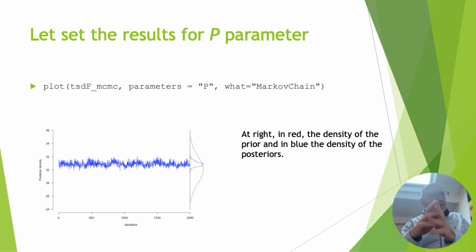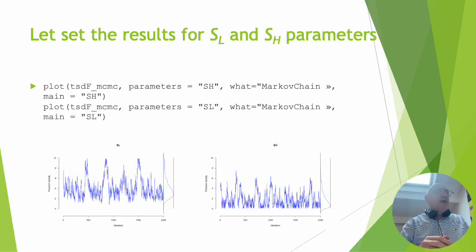In red, at the right, you have the prior distribution. You see our prior with normal distribution with a Gaussian value with mean equal 30 and 2 for standard deviation. So the blue distribution gives you the posterior distribution of the P parameter. We can do the same for SL and SH.